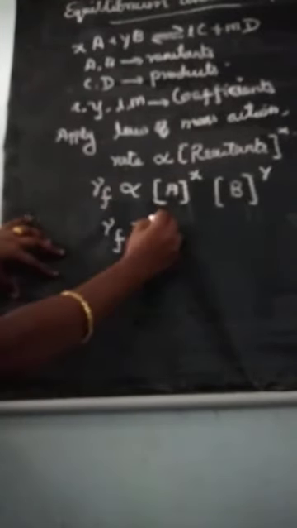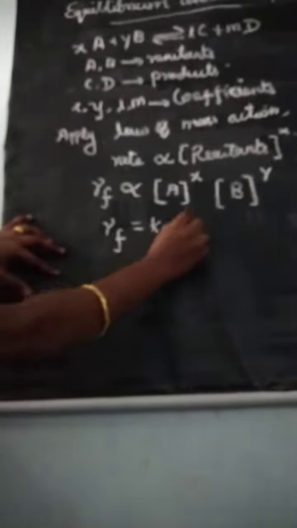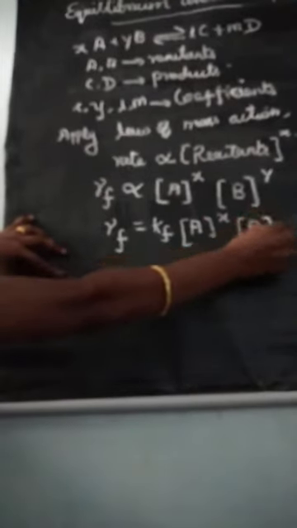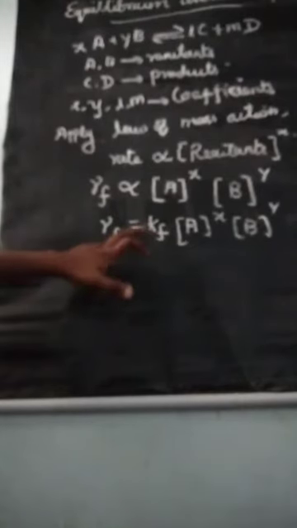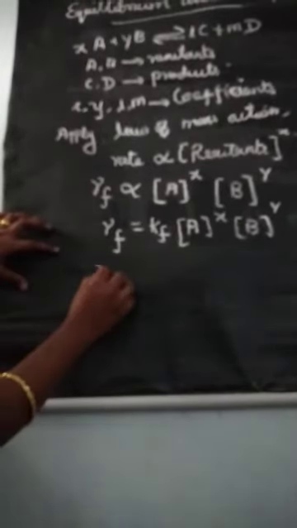Understand? Here you can replace the proportional term and add the constant. So replacing the proportional term, you can write Rf equal to Kf into concentration of A power x into concentration of B power y. Replace the proportional term and add the constant K; for the forward reaction we write Kf. The same way you can write the backward reaction. Rate of backward reaction is Rb.